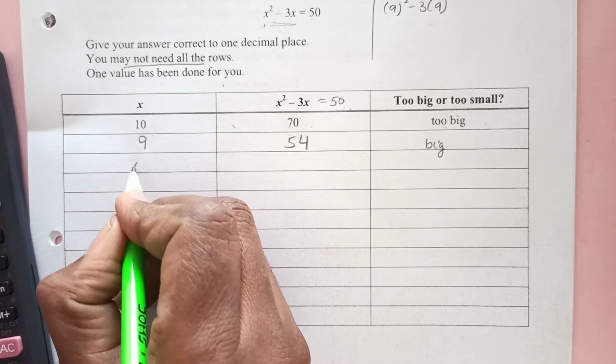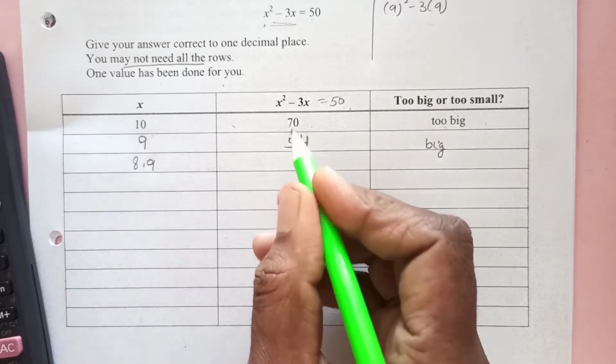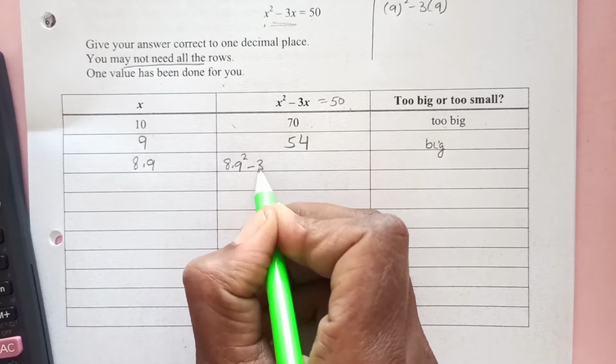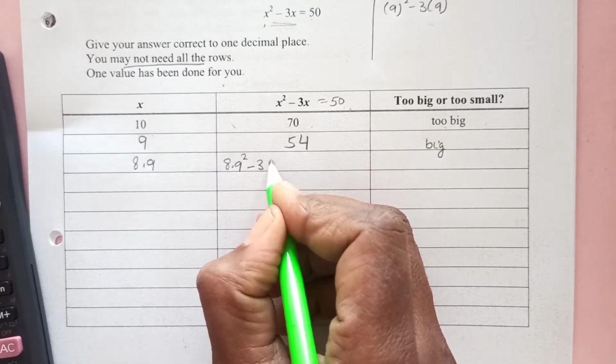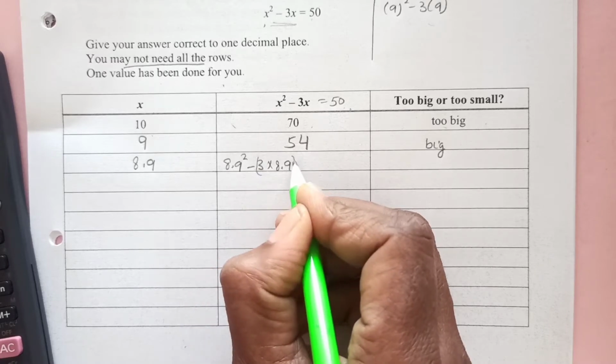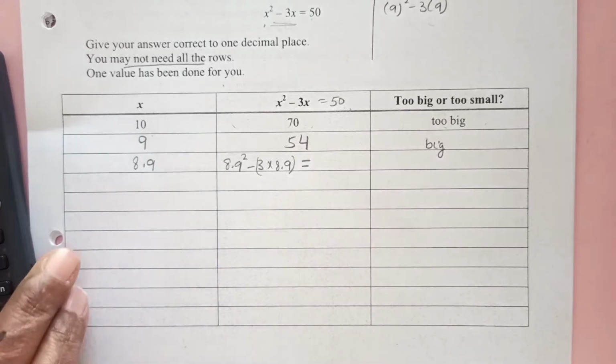So let me take 8.9. This will become 8.9 squared minus 3 times 8.9. It's better you put brackets because you're going to use the calculator.